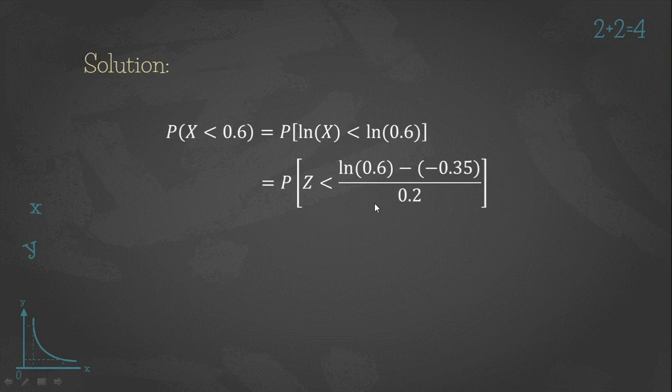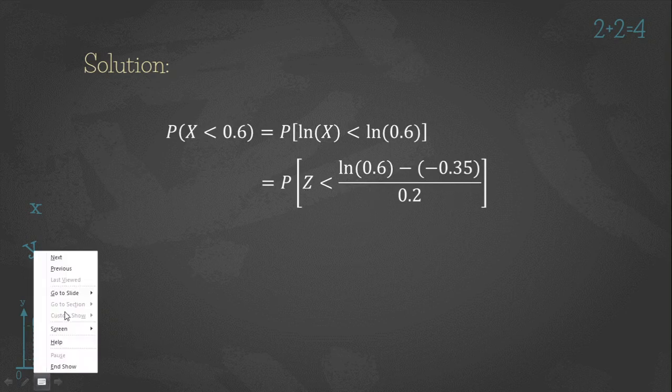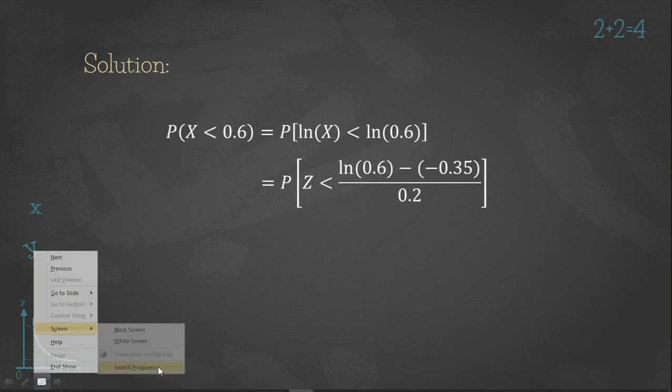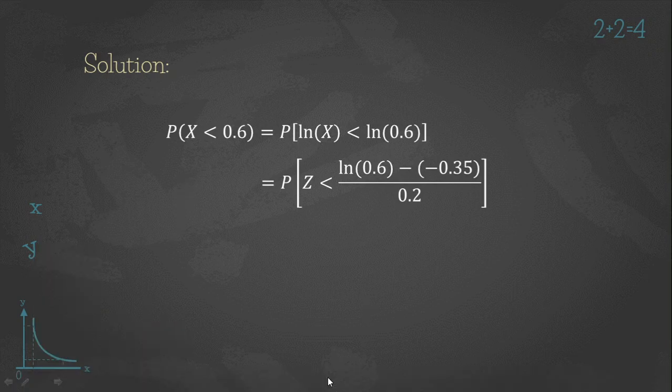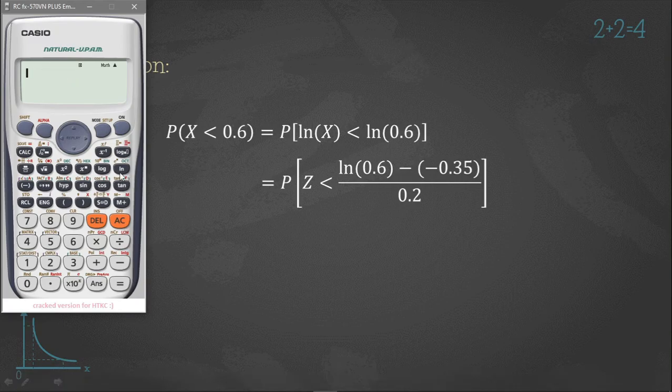So, itry natin ito sa ating calculator. ln of 0.6 minus negative 0.35 over 0.2 equals, so ang answer is approximately negative 0.80.